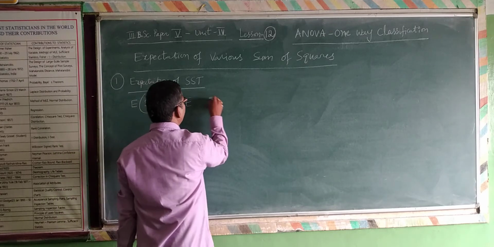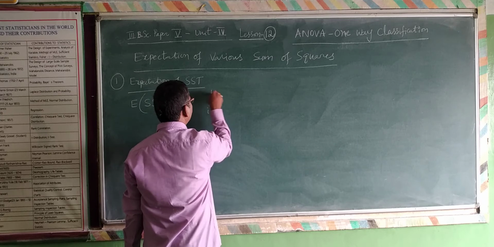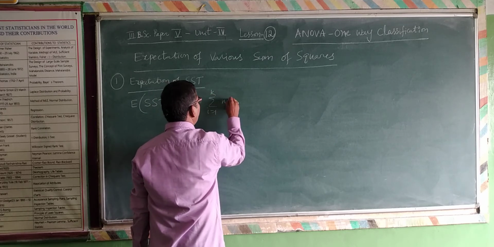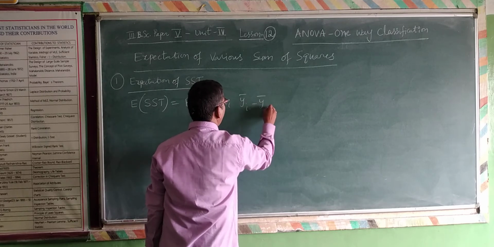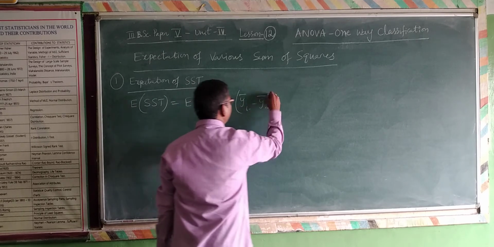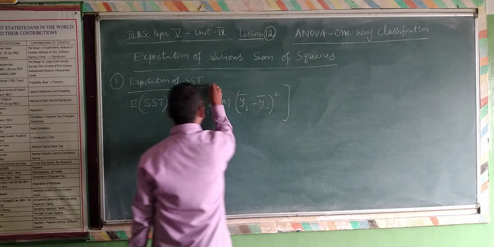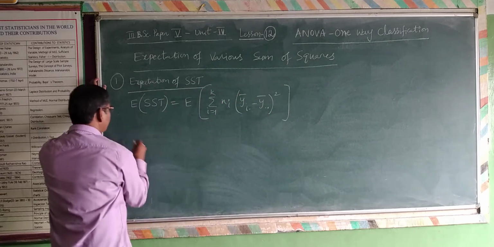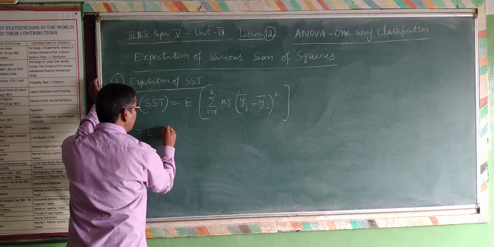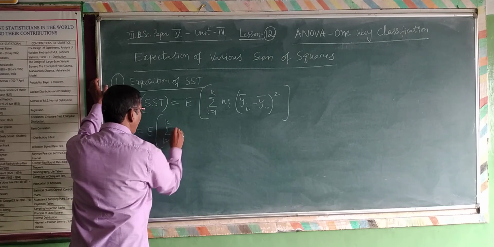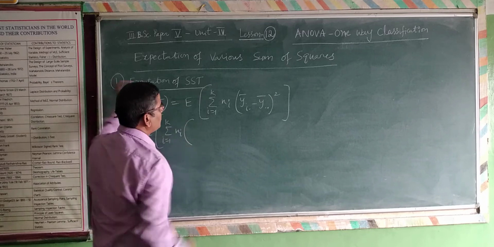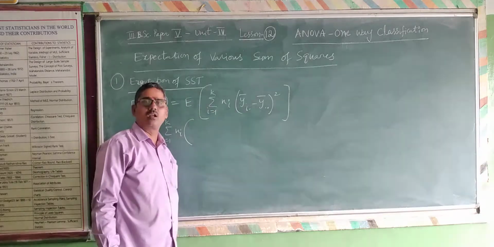SST is the summation i equals 1 to k of ni into (y bar I dot minus y bar dot dot) the whole square. We substitute the values we have calculated for y bar I dot and y bar dot dot.